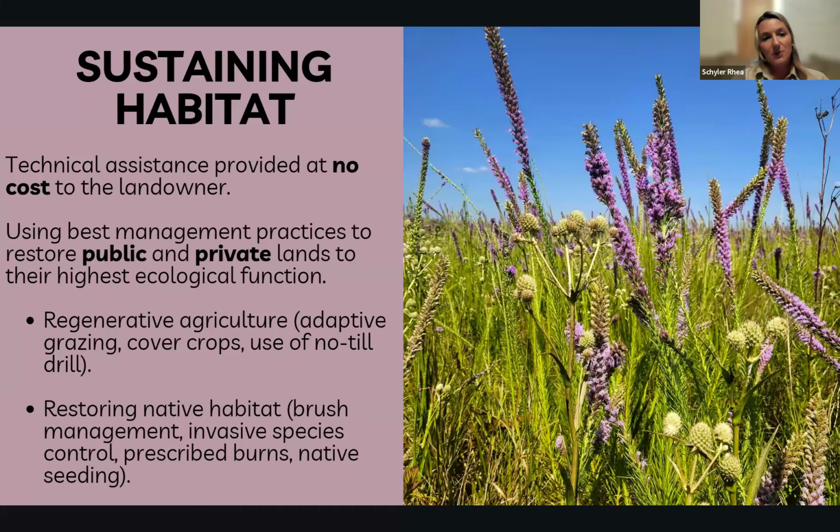If you're not familiar with what a no-till drill is, it is a piece of equipment that is able to drill into just really the top soil layer. We highly recommend it when you're planning on putting down native seed, because it's able to put the seed just into the very top soil and then goes over it so that the seed can germinate.